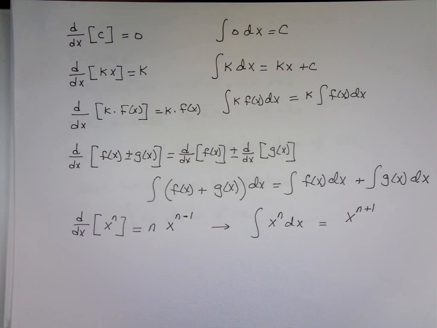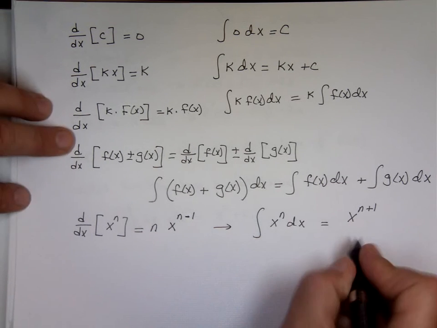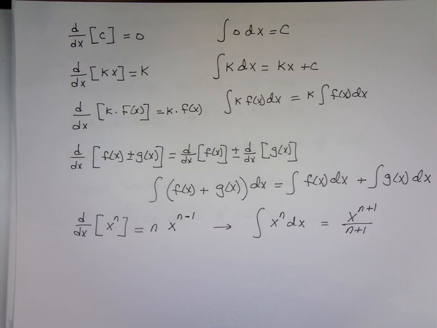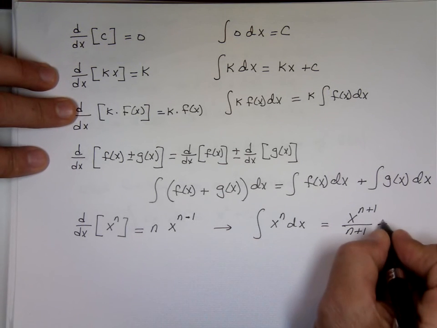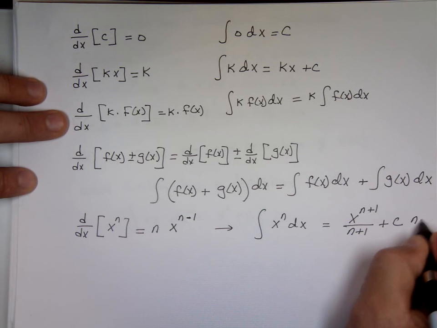Here I multiplied by n. Here I've got to do what? Divide by n plus 1. So you add 1 to the power and you divide by the new power. And you're always going to add what? C. There's only one place where this doesn't work. Where? n cannot be -1.